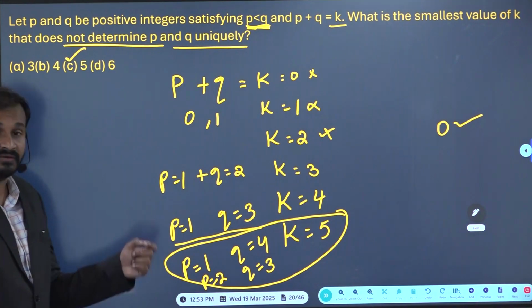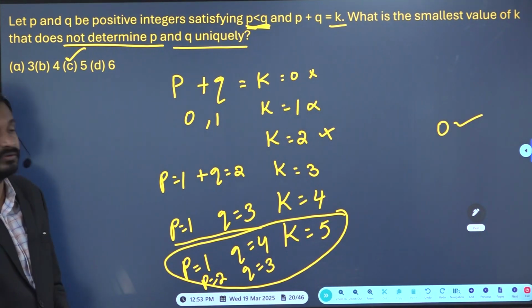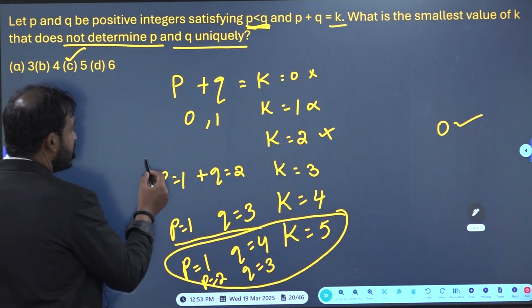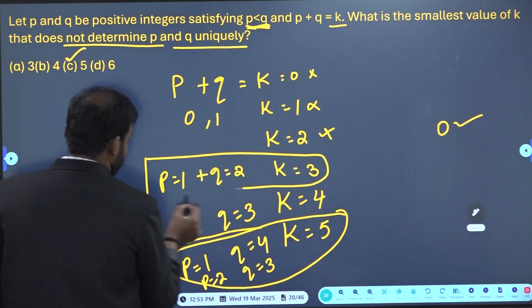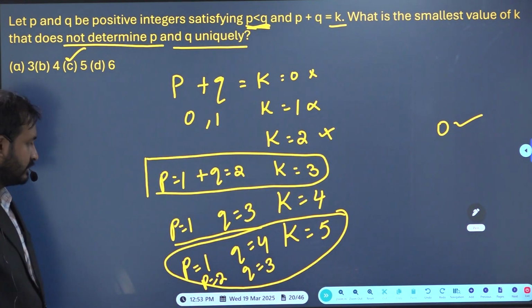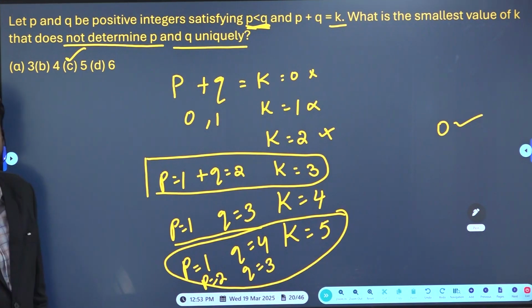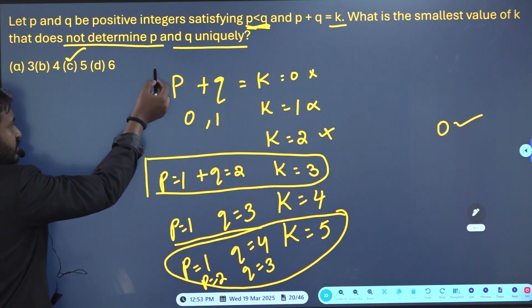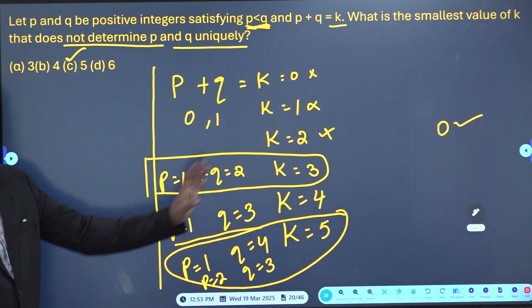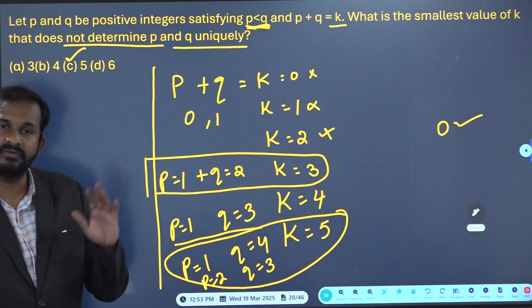If the question were that it should determine P and Q uniquely, then the answer would be K value as 3. But here in this case, they are telling not determined P and Q uniquely. See students, this is the general method of approach. If you want, you can also do it with option verification.